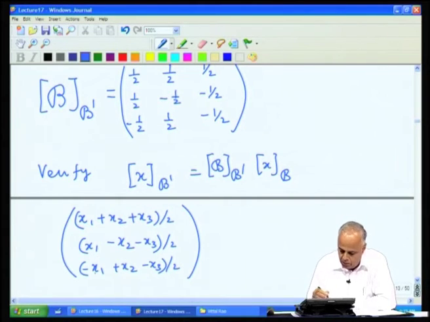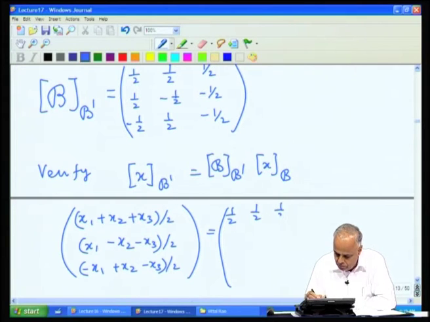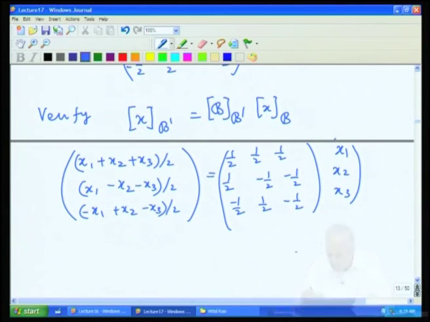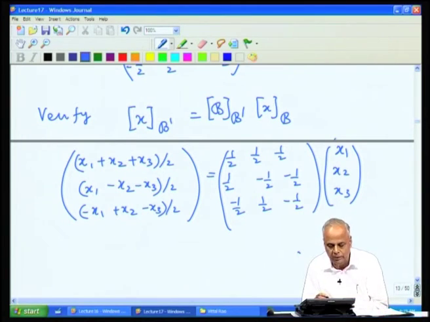This must be equal to the B B prime matrix times x B, which is just x1, x2, x3. It is now easy to verify that this holds. It is just a matrix multiplication verification, and this is precisely what we mean.